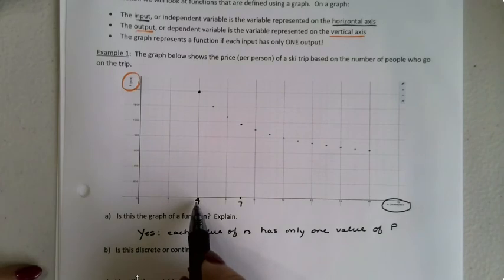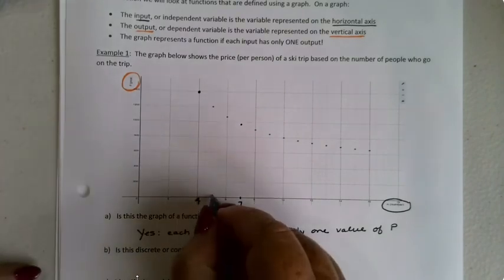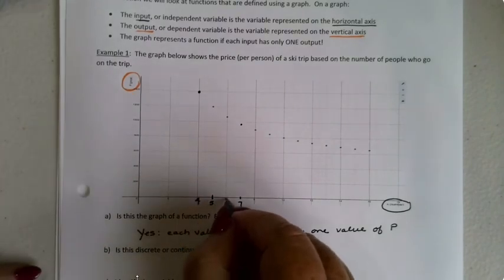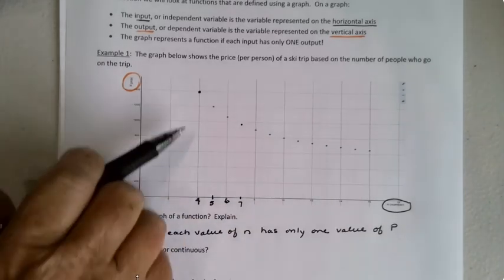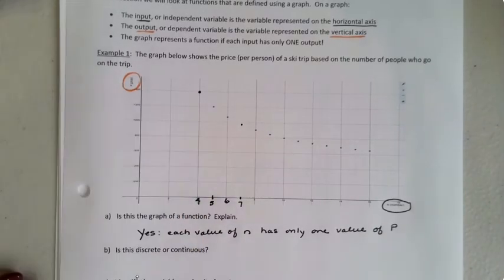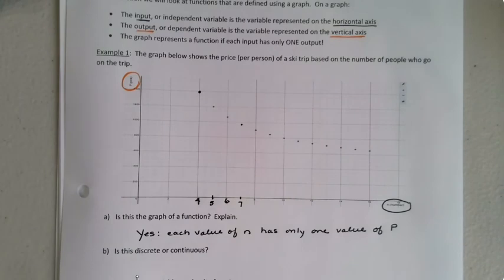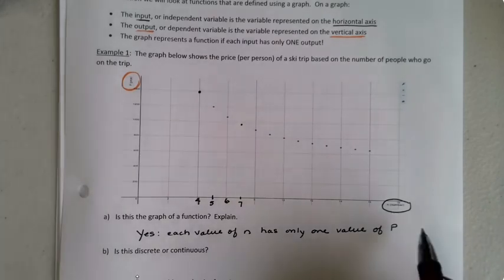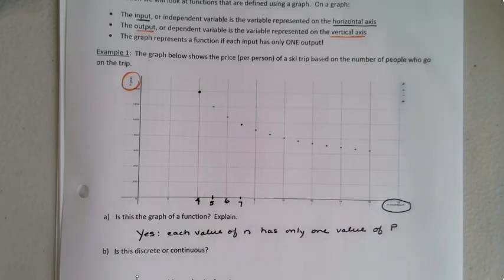Our graph is showing values just for whole number inputs, 4, 5, 6, 7, and so on, right? Would it make sense to have the other inputs, like fractions and decimals, 4.5 or 6.2? And in this case, I'm going to say no, right? The n is the input, the number of people, and you can't have a part of a person going on a ski trip. So I'm going to go with discrete.